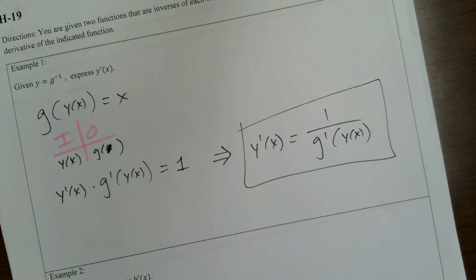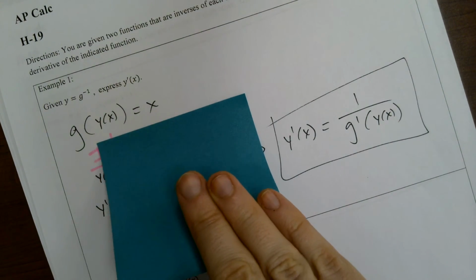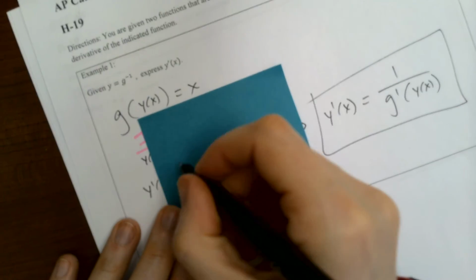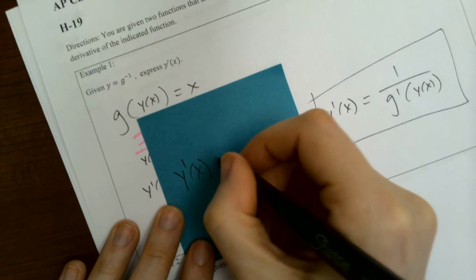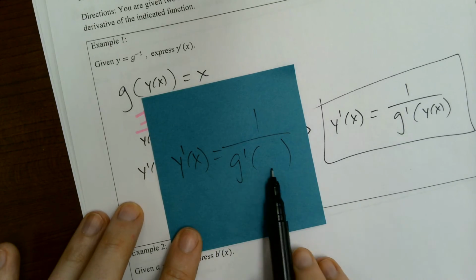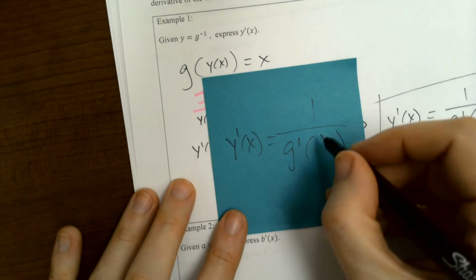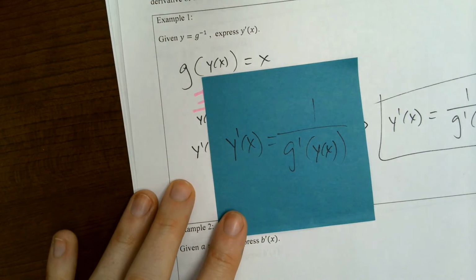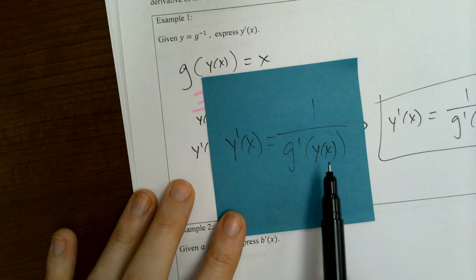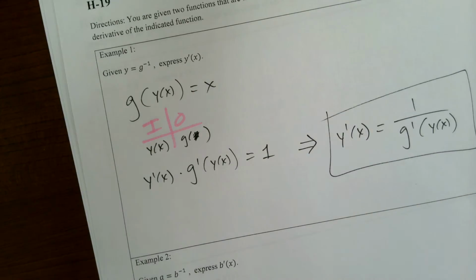You could even memorize it like this: y prime of x is 1 over g prime of blank, and what goes back in here is the original of that.